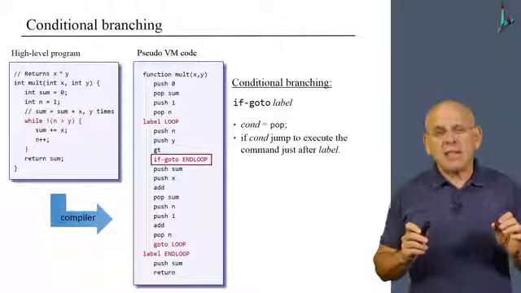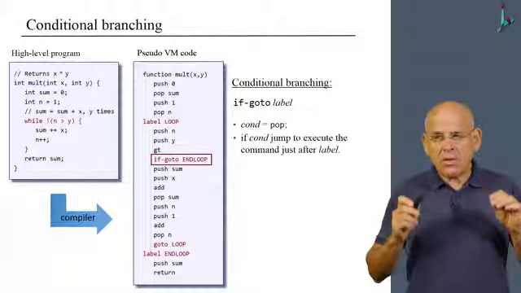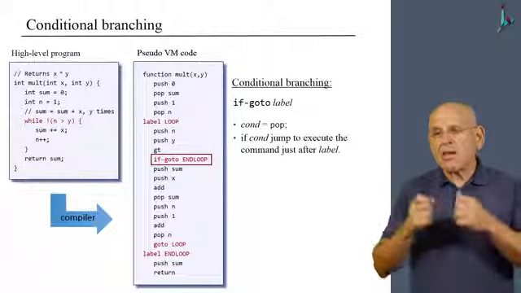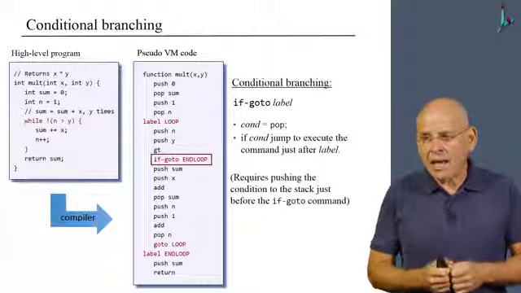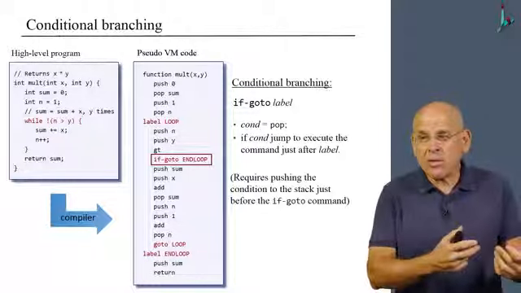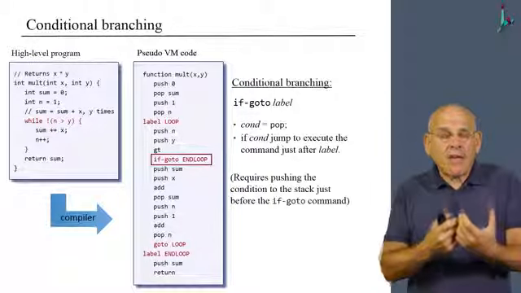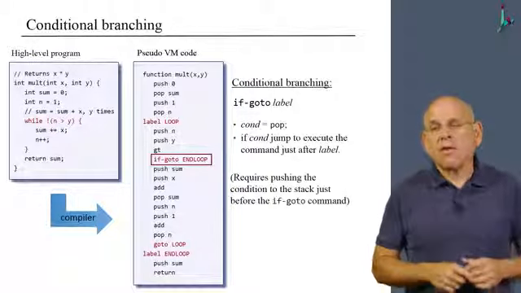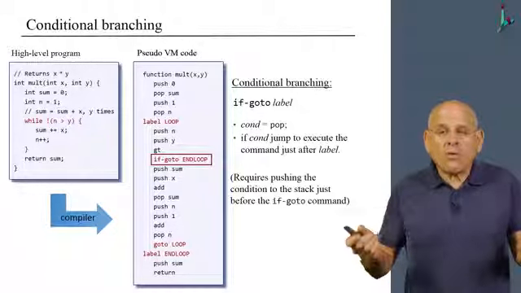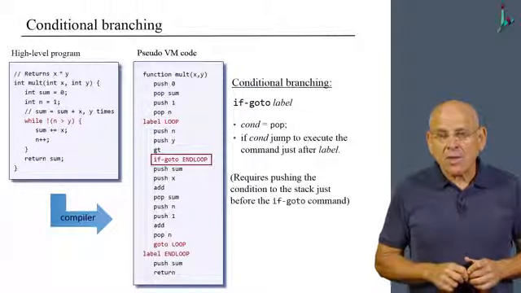And notice that whenever we wish to use a conditional go to command, we must first push onto the stack a certain condition or a certain expression that describes a condition, and this expression will have to be evaluated before the conditional go to, because otherwise we will not know whether or not the condition is satisfied.